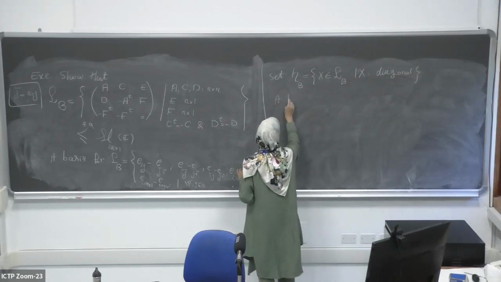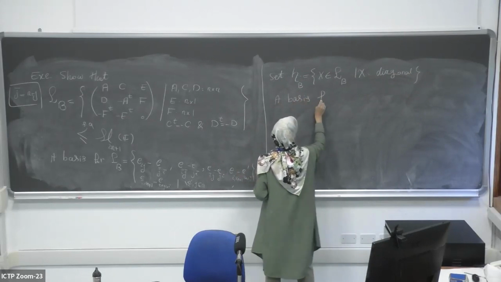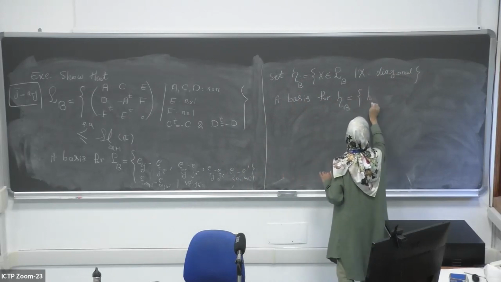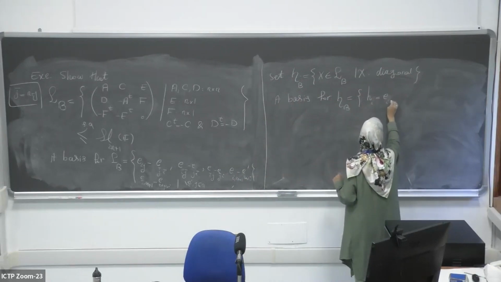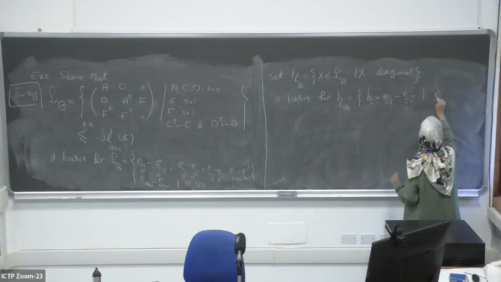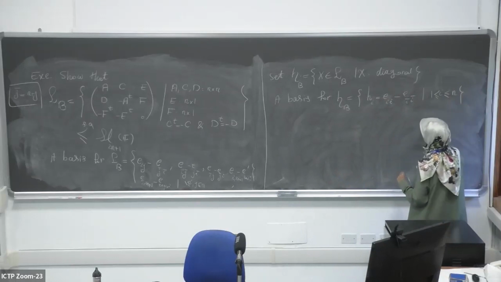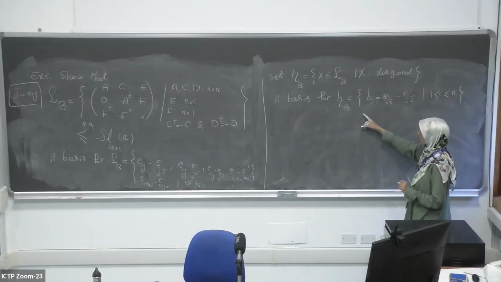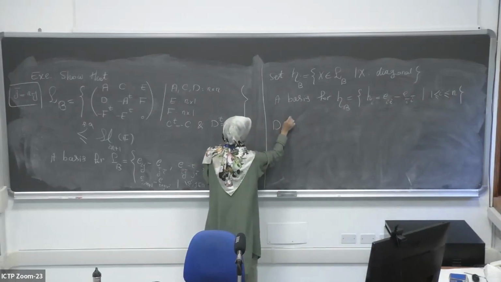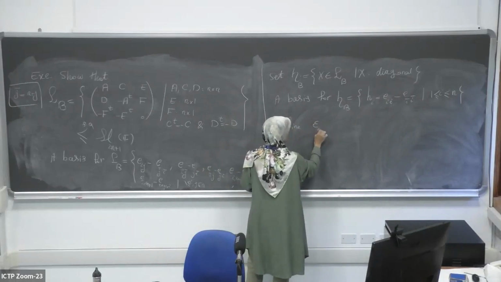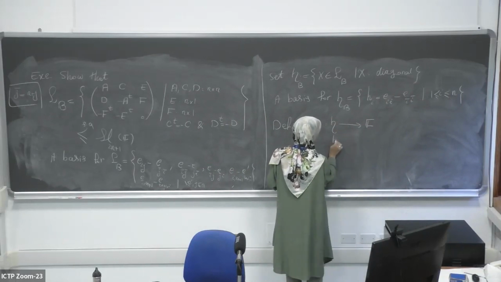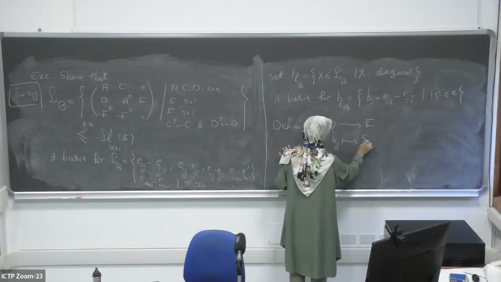The basis for H_B is E_ii minus E_{i bar i bar} when i is an element between 1 and n. Okay. Define epsilon_i from H to F, mapping h_j to delta_ij.